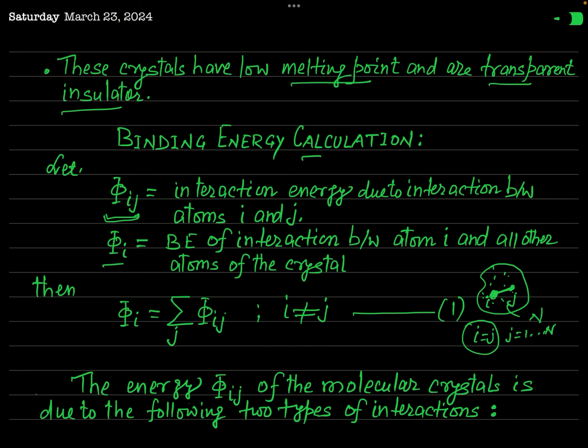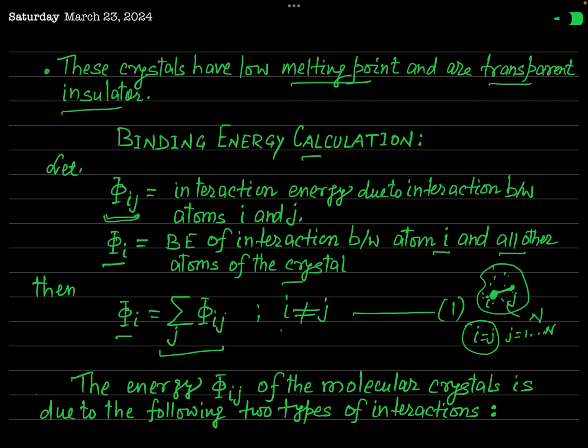If that energy is denoted by the symbol phi i, which I have mentioned here, this is the binding energy of interaction between the atom i and all other atoms of the crystal. That will be simply equal to the summation of phi ij for j, where i is not equal to j.